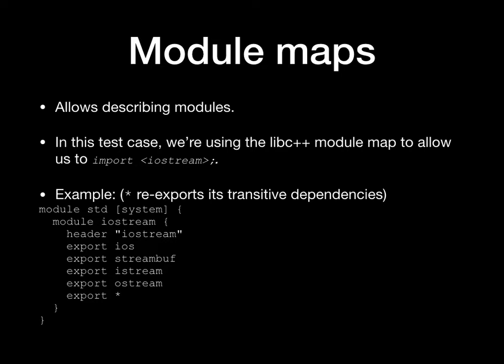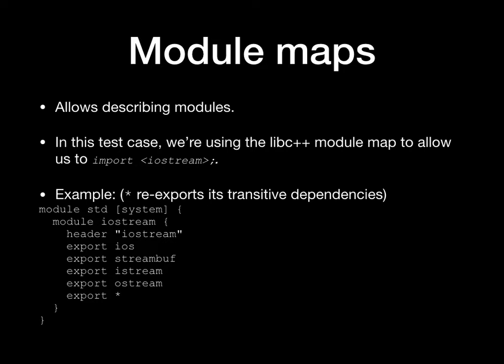Of course, it's a standard library header, so you don't have an extension, but you would have one. We see it exports explicitly ios, streambuf, istream, and ostream, and it also exports star, which means all its transitive dependencies that are in iostream will also be re-exported.